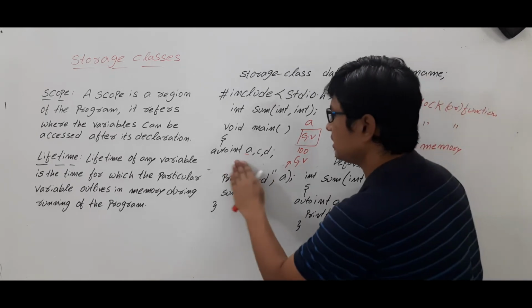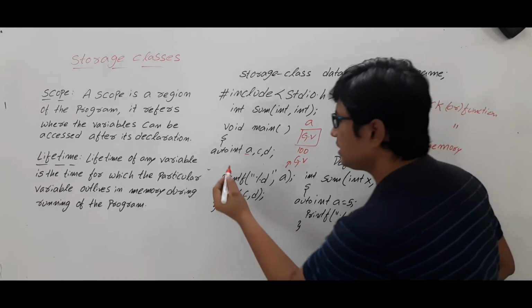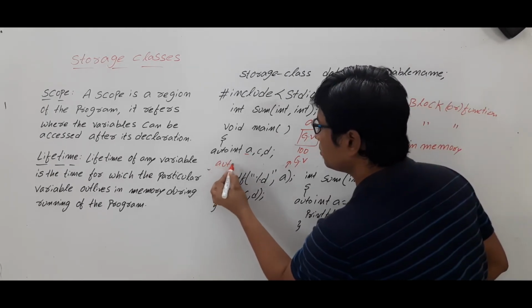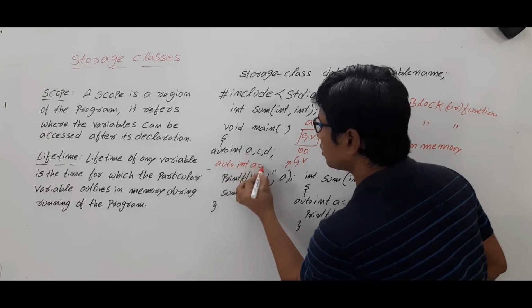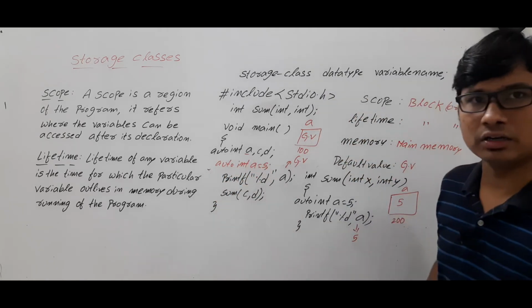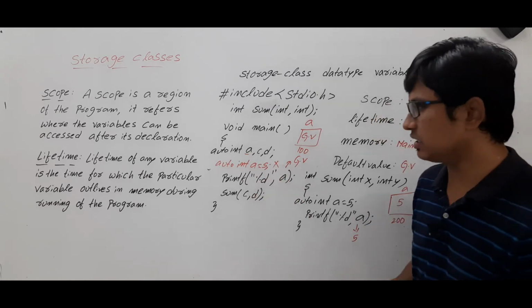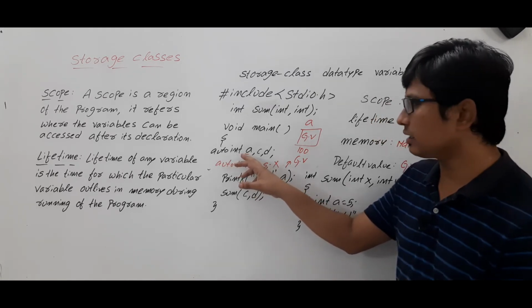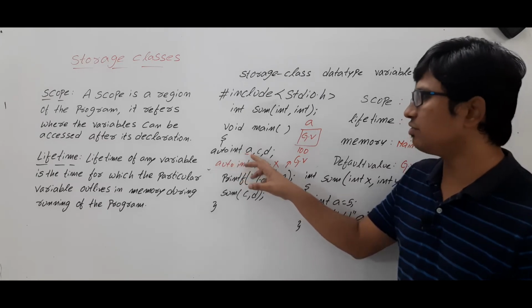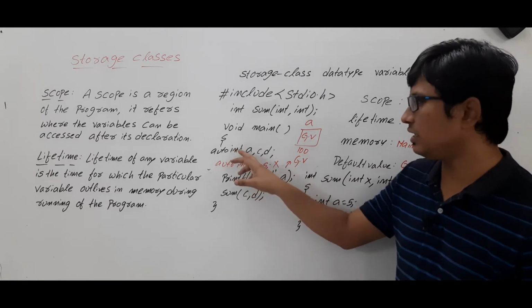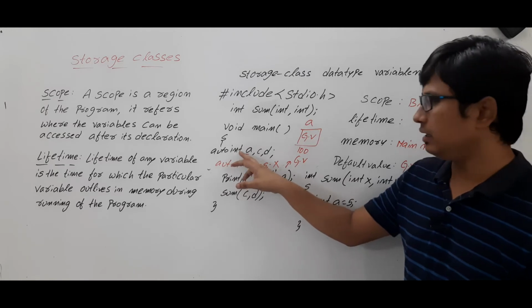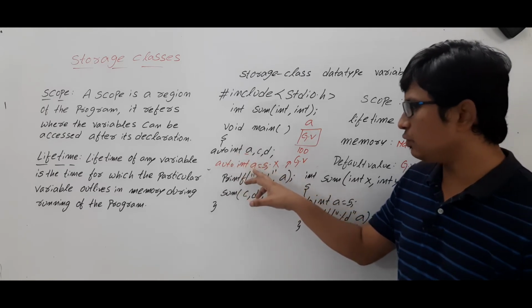Suppose I specify here another auto variable int a is equal to 5. Is it valid or not? It is not valid, because inside the same function you have already declared a variable a, and you are redeclaring it.